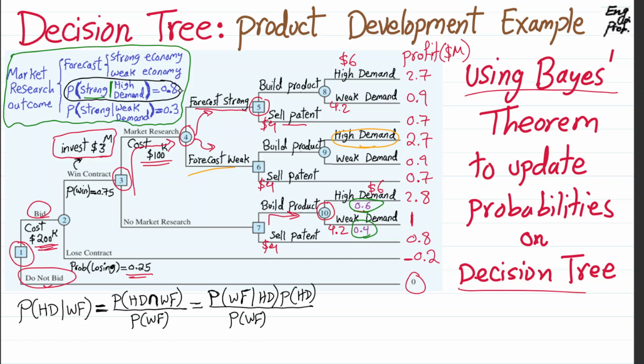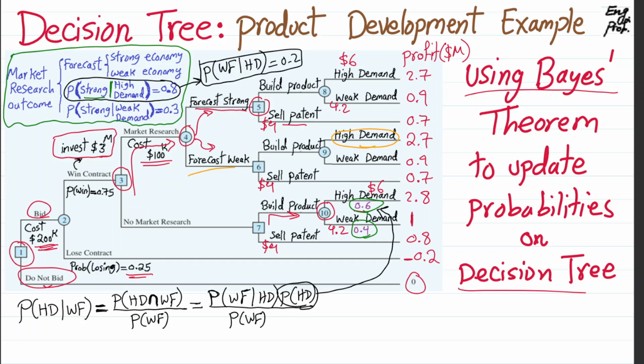Now, the probability of weak forecast given high demand is available because the report comes back with this information. It says the probability of a strong forecast given high demand is 0.8. Therefore, the complement of that, the probability of weak forecast given high demand, is 1 minus 0.8, which is 0.2. And we also have the probability of high demand, that is basically the unconditional prior outdated probability.